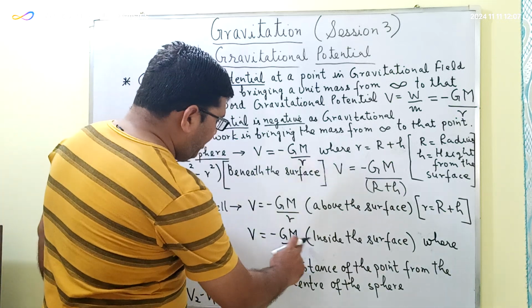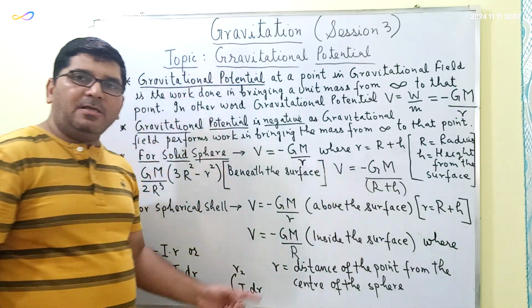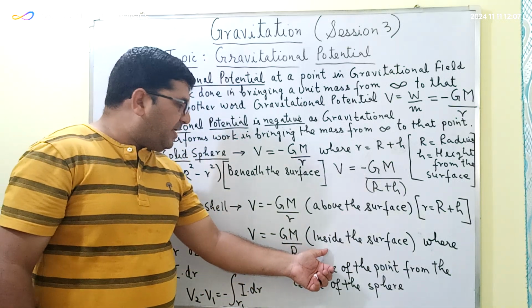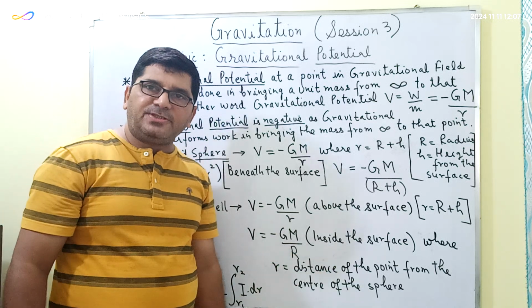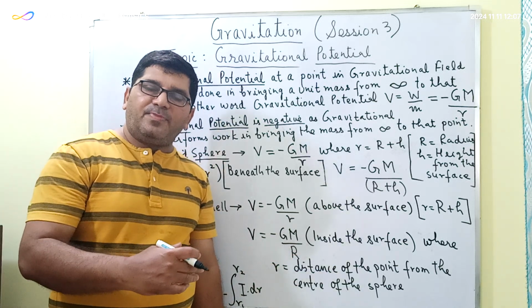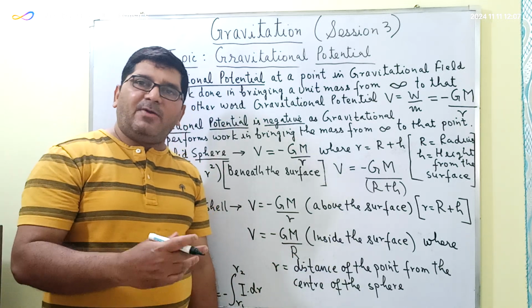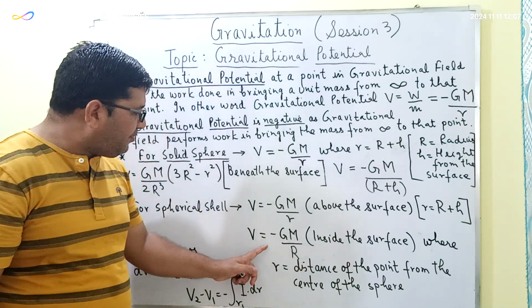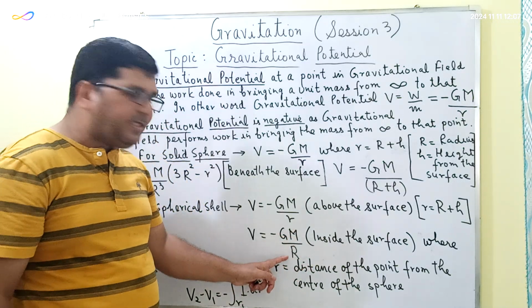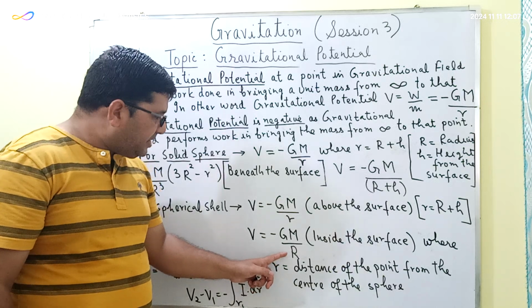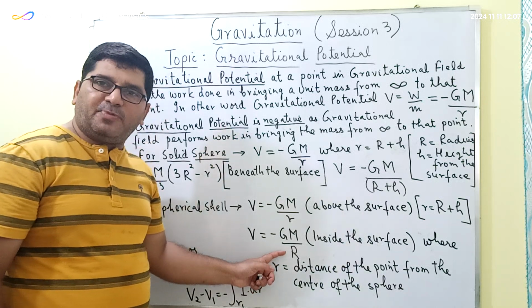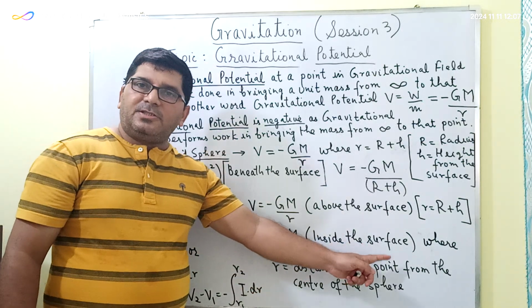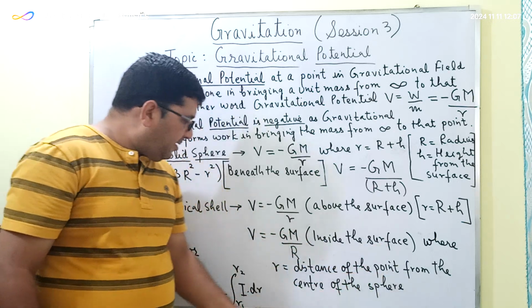And in the case of a spherical shell, the gravitational potential inside the surface is equal to the gravitational potential on the surface. So on the surface, the gravitational potential will be equal to minus GM divided by capital R. And this is also the gravitational potential inside the surface of the spherical shell.